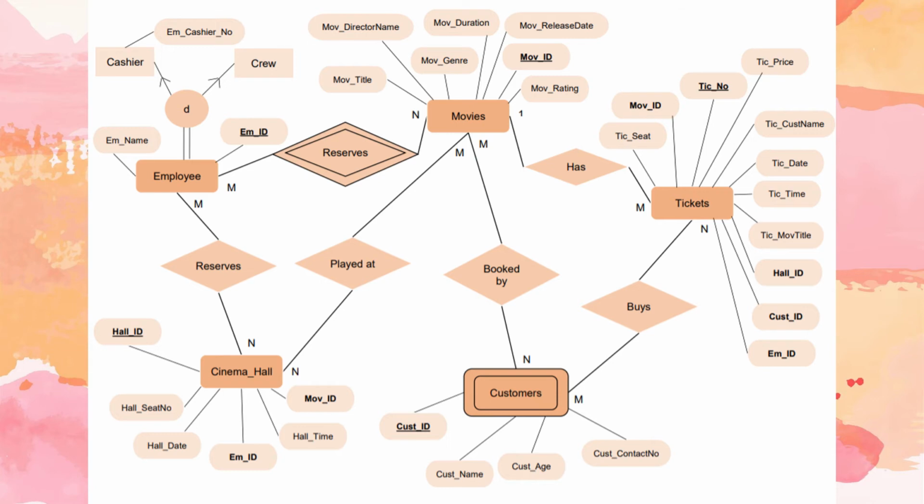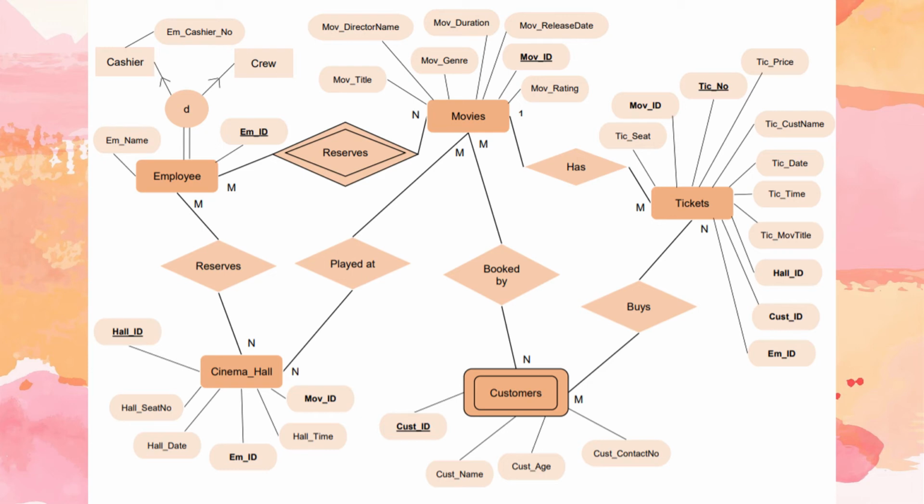I would like to talk about the customers entity. It is connected to the movies entity by cardinality many to many. The customers entity has cust_ID as the primary key, and it is also connected to the tickets entity by cardinality many to many.